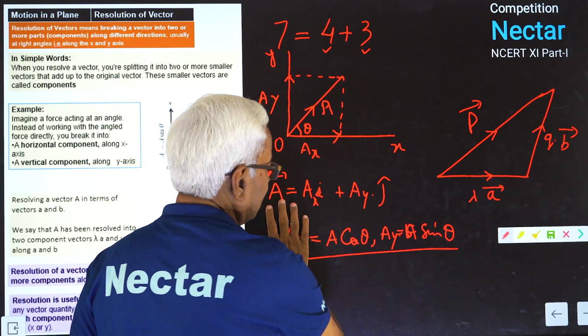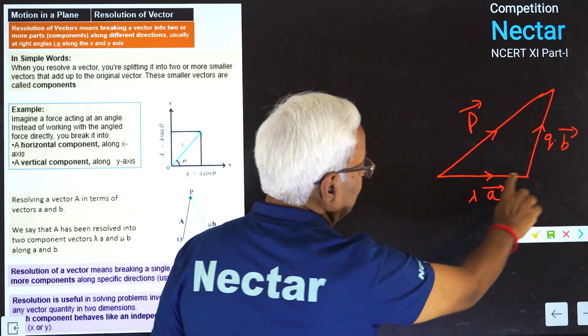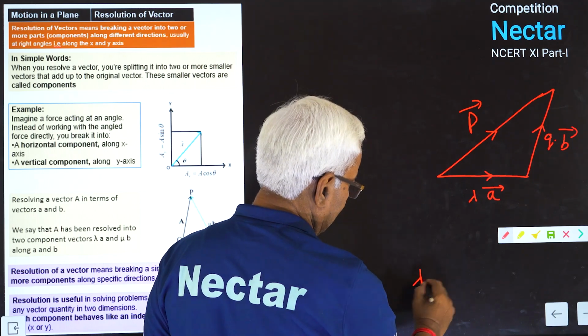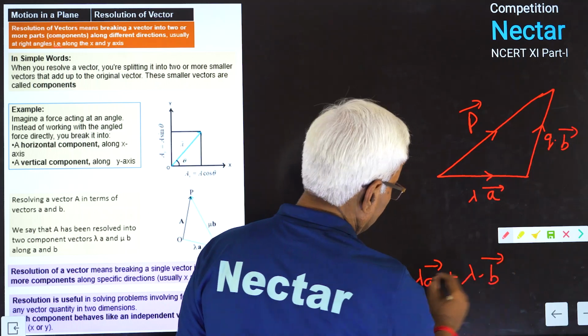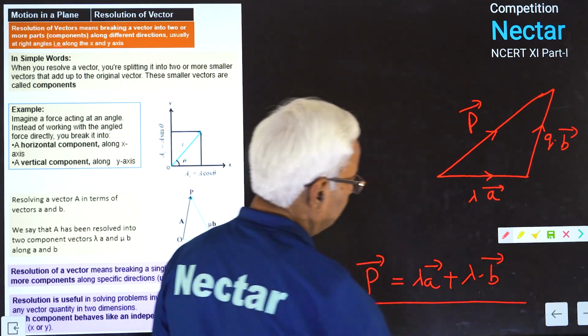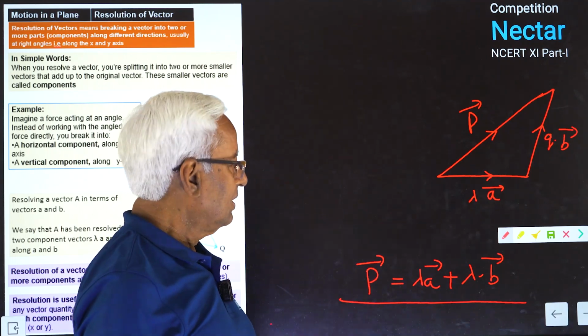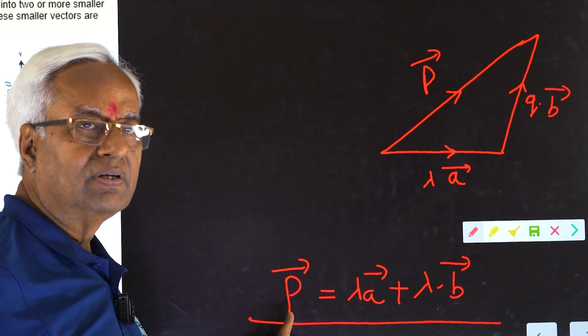We can say here that the sum of the 2 vectors that we have chosen, lambda A plus mu B, is equal to vector P. These are going to give you this vector.